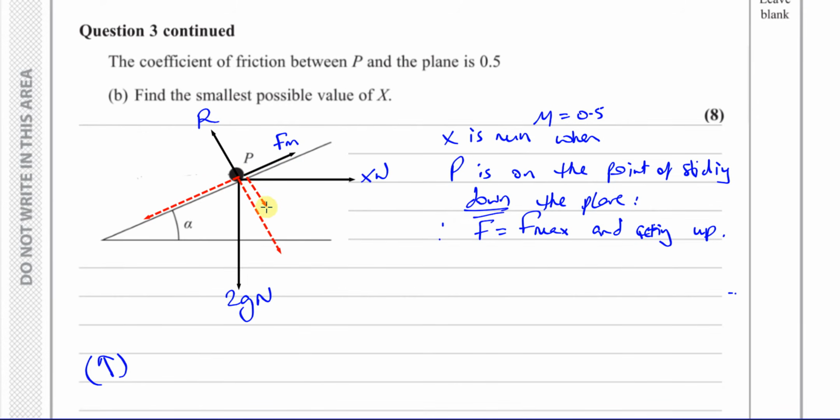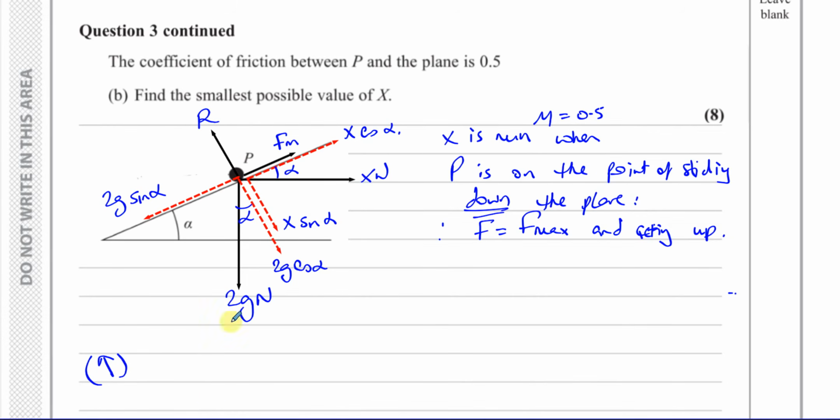Then you have the x perpendicular and parallel to the plane. Again, the same situation. This is alpha. So here we have x times cosine alpha, as we discussed before, x times sine alpha, and this is going to be 2g times cosine alpha and 2g times sine alpha.